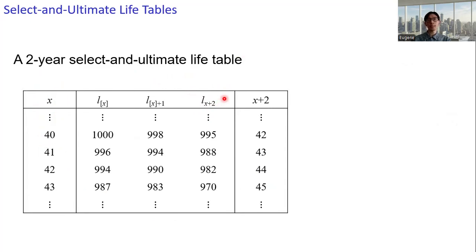Reading the table, say the individual selected at age 40. This is a life table. The column is l's. The expected number of survivors is 1,000 for this select group, selected at age 40. And then 1 year later, the expected number of survivors is 998.